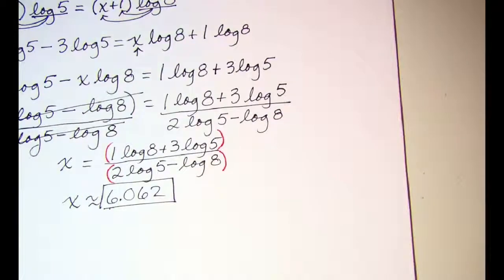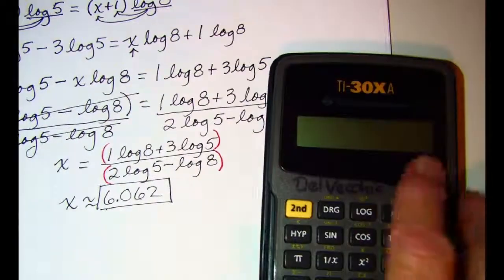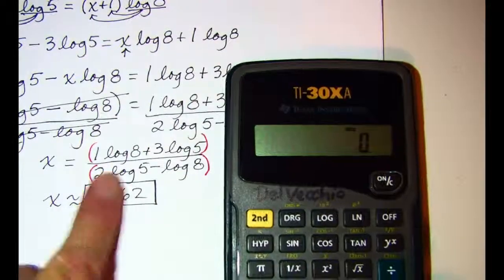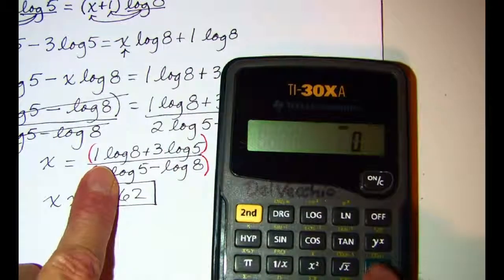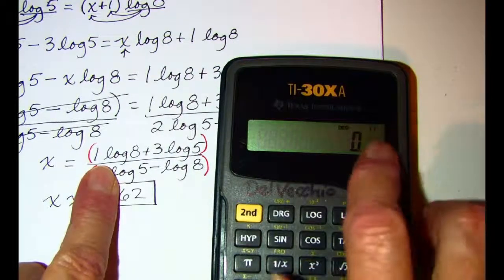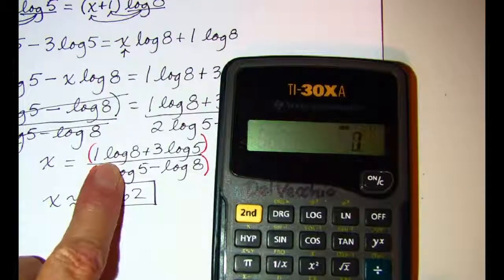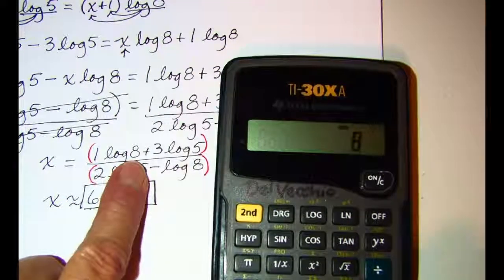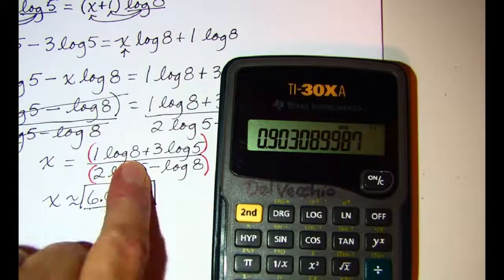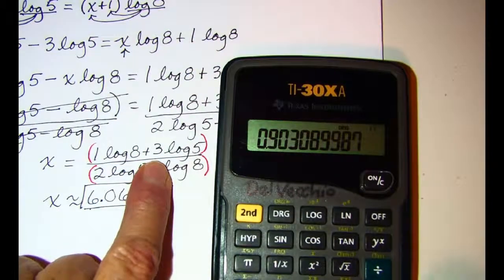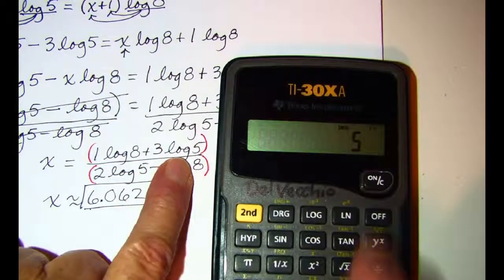All right, let me show you with this calculator. And on this one we can open the parentheses for the numerator. And then 1 times 8 log plus 3 times 5 log.